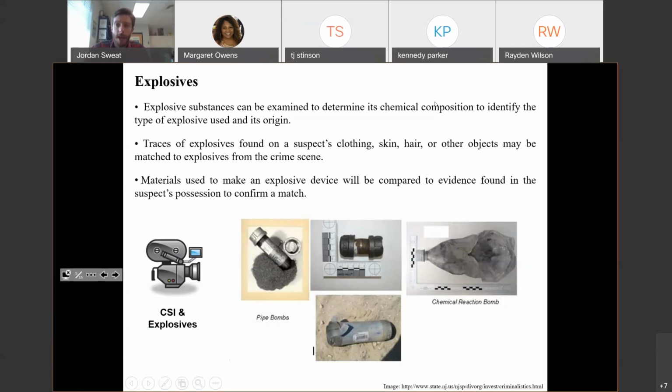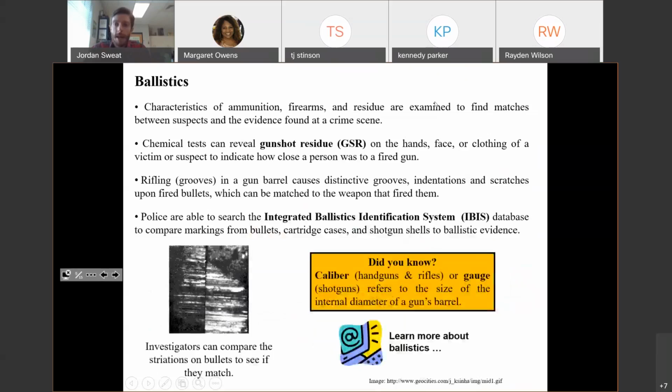They can be left behind on your skin, they can get in your hair, on your clothes, or even other objects associated with that bomb. So the main thing we're trying to do is link suspect to crime scene or link evidence to suspect, vice versa.